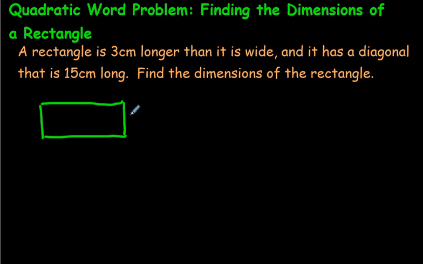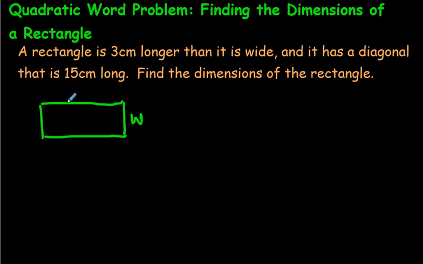It says the rectangle is 3 centimeters longer than it is wide. If your teacher asks you to, you can say let W be the width. I'm just going to skip that step right now and do what's practical. You and I know that W is the width here. You can say all those things over here, but I'm just trying to save time.